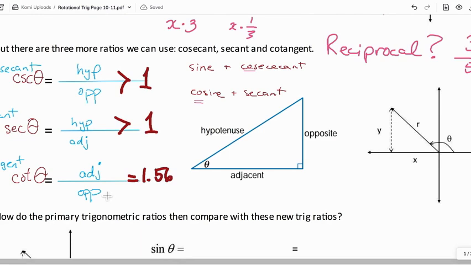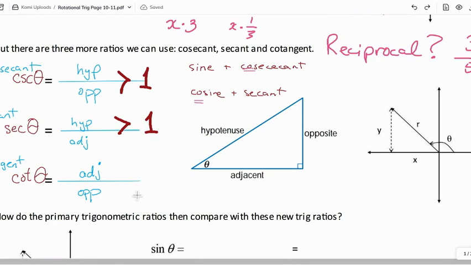I'm going to say that again. If my cotangent ratio ends up being 1.56, it tells me that the adjacent side is 1.56 times longer than the opposite side. Kind of got it? That's what that number is telling us.